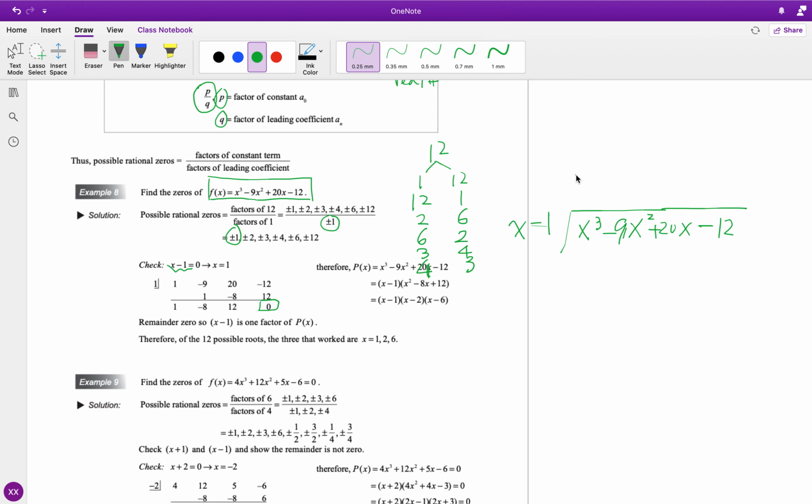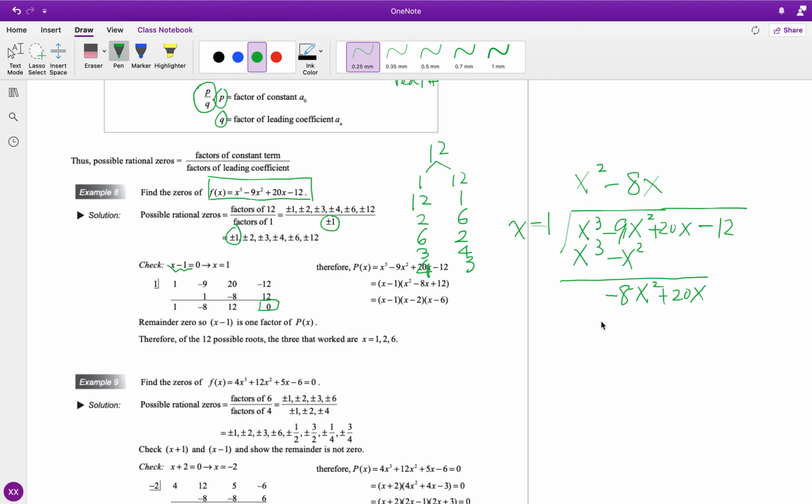So now here you would have x to the power of 2. So then that is x to the power of 3. Subtract x to the power of 2. So this is, again, -8x to the power of 2 plus 20x. And then so -8x.